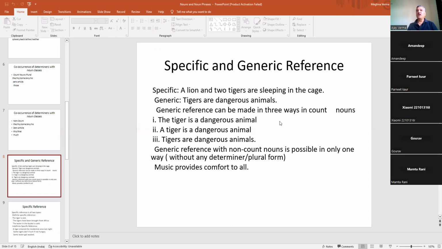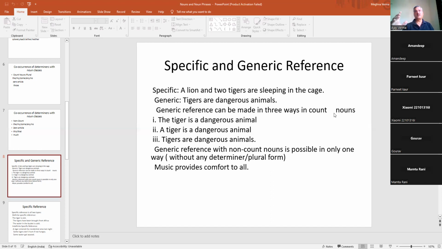If we look at this slide, in the specific reference, we have: a lion and two tigers are sleeping in the cage. So here it is very clear that this reference is specific.